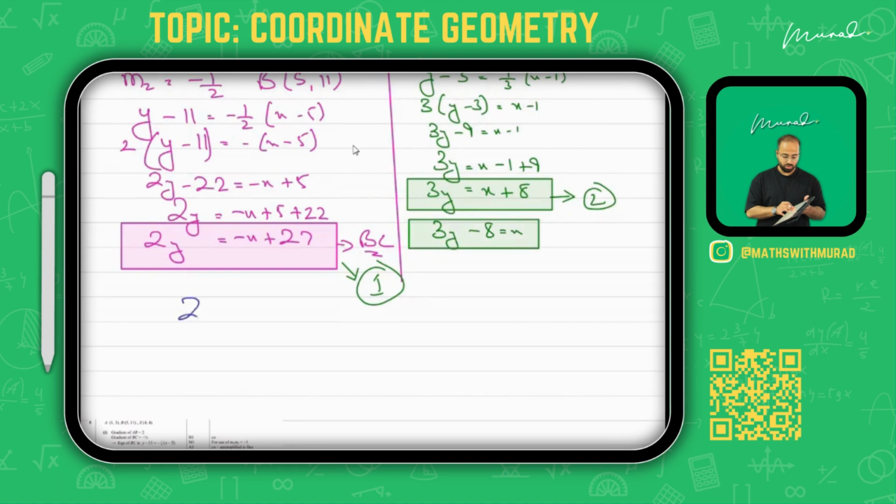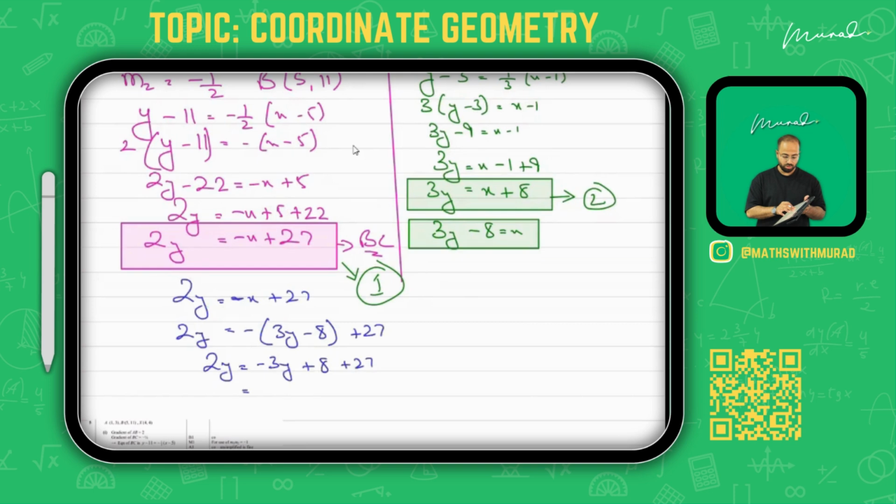So I'm using 2y is equal to, I have this equation of this line: 2y is equal to negative x plus 27. Instead of writing x, I'll be writing 3y minus 8, so 2y is equal to negative (3y minus 8) plus 27. That will become 2y is equal to negative 3y positive 8 plus 27.